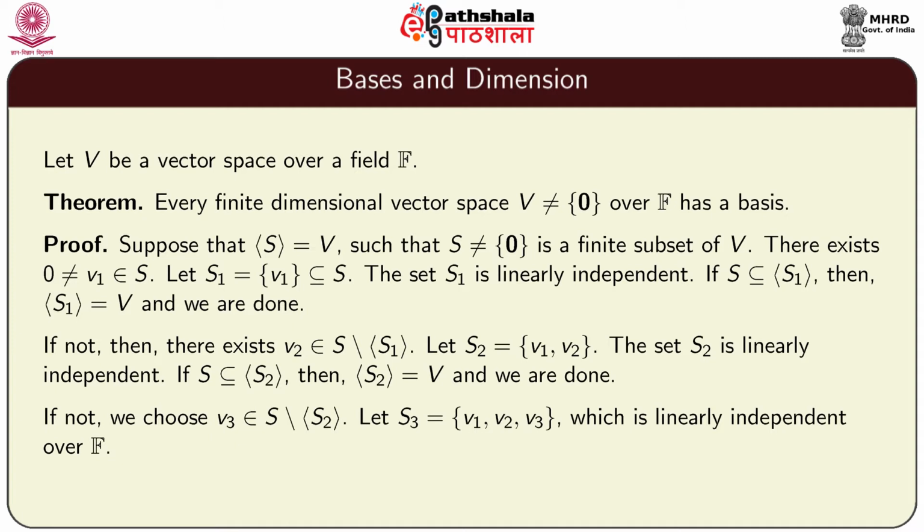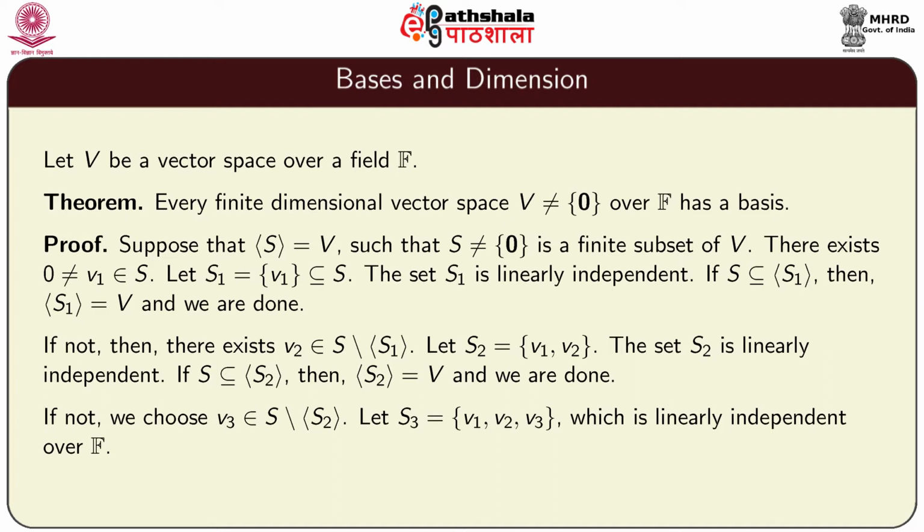Now, V1 being a non-zero vector and S1 being the singleton V1, S1 is linearly independent over the base field F. If it so happens that the set S, that is the spanning set of the vector space V, is contained in the span of S1, what does that mean? That means every vector in S can be written as a linear combination of V1.